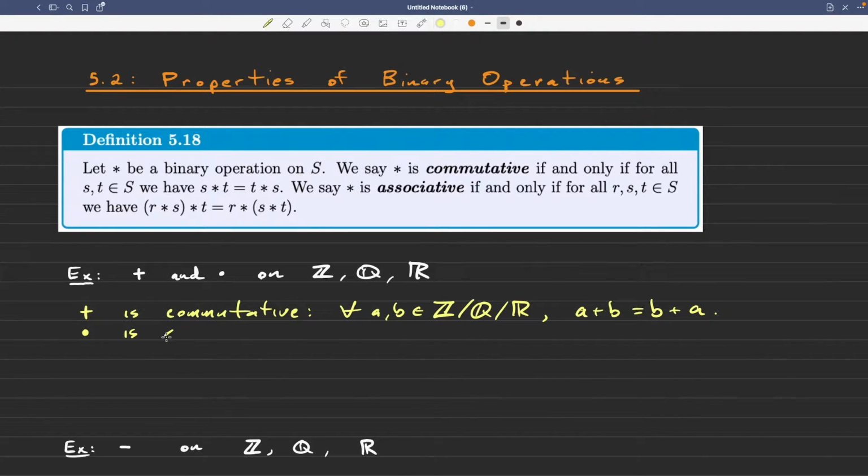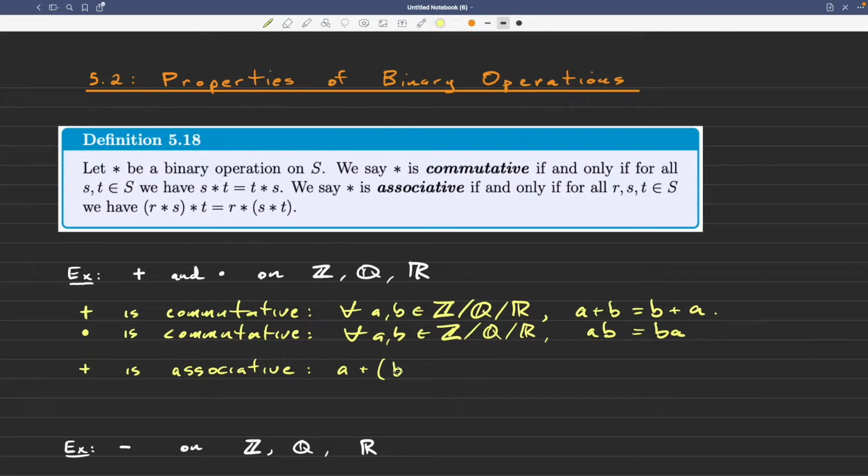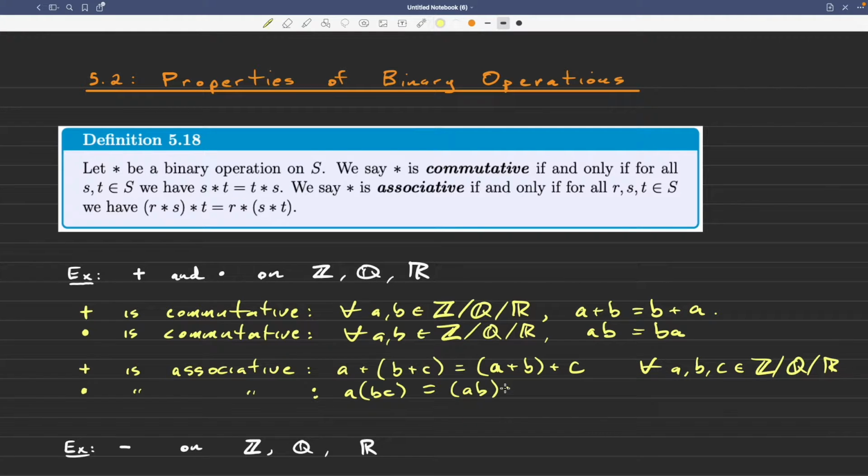Multiplication is also commutative: for every a and b, a times b is equal to b times a. Addition is also associative. A plus (b plus c) is the same as (a plus b) plus c. Same thing for multiplication. A times (bc) is the same as (ab) times c.